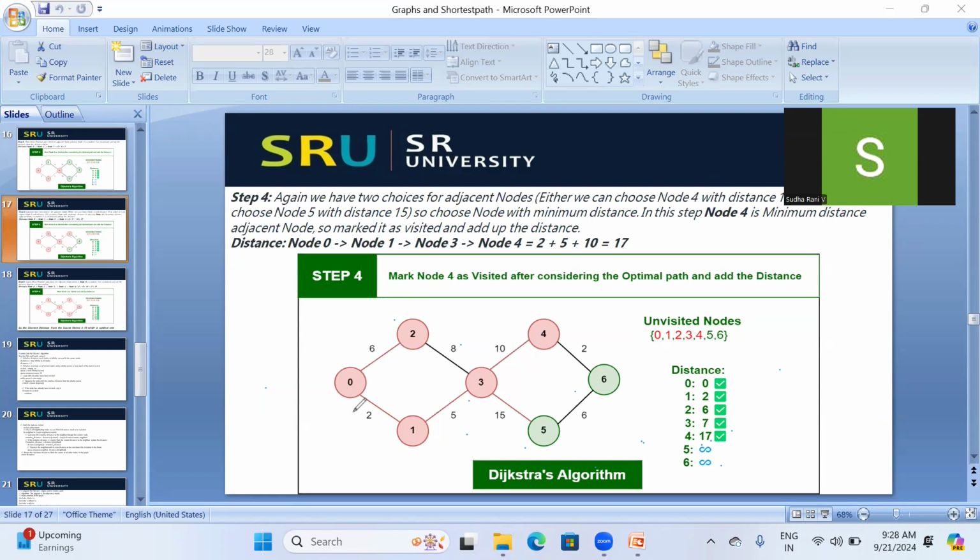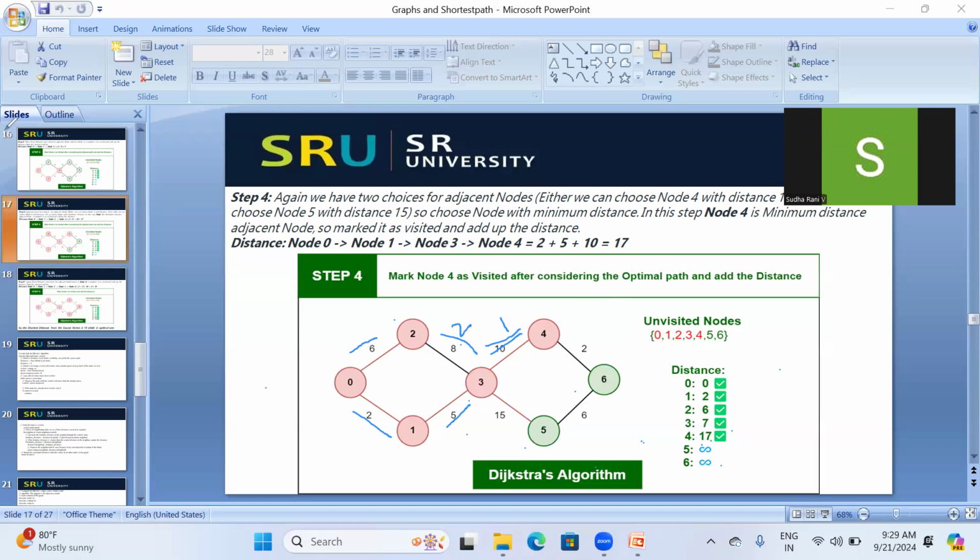What is path 1? 0 to 1, 1 to 3, and 3 to 4. This is possibility number 1. And the second is 0 to 2, 2 to 3, and again 3 to 4. This is the second path.